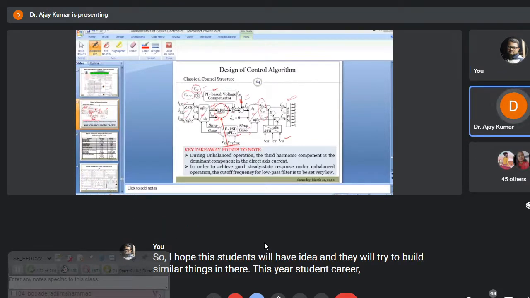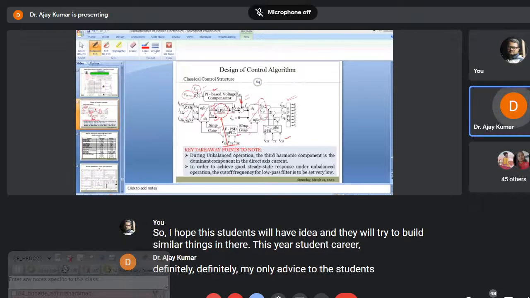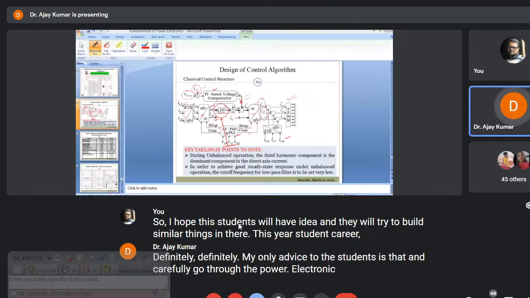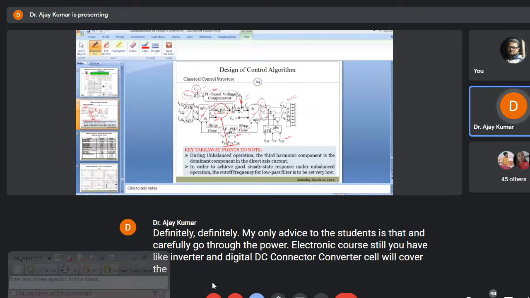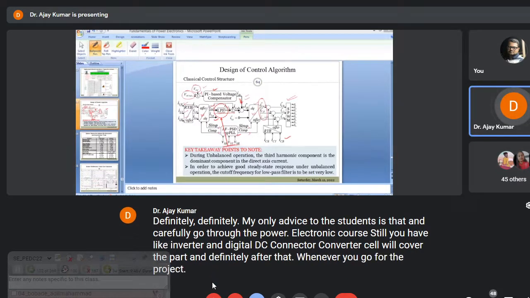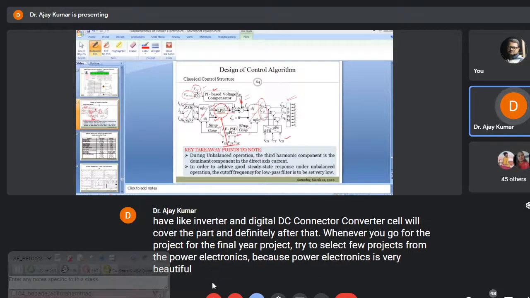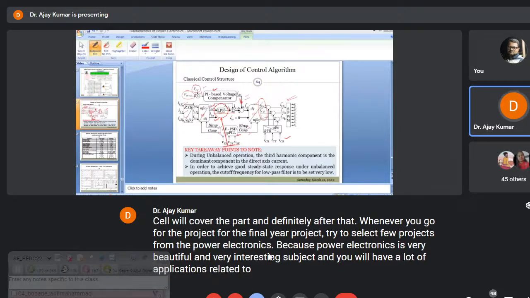My only advice to the students is to carefully go through the power electronics course. You still have inverters and DC to DC converters, which sir will cover. And after that, whenever you go for the final year project, try to select a few projects from power electronics, because it is a very beautiful and interesting subject. You will have a lot of applications related to the current industry scenario.